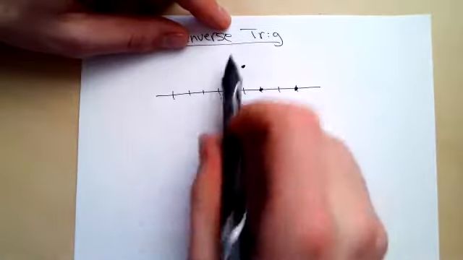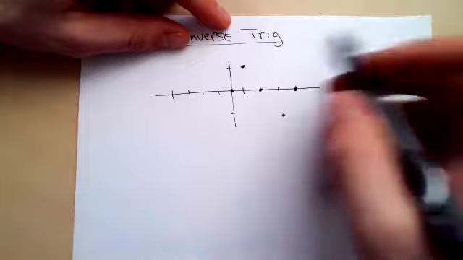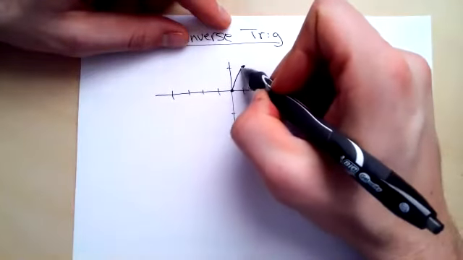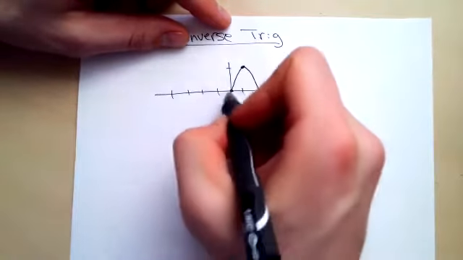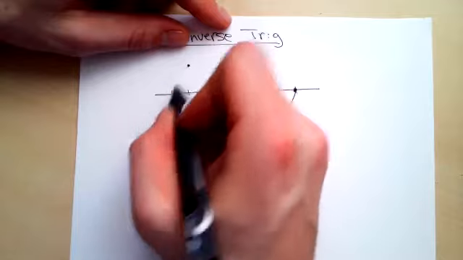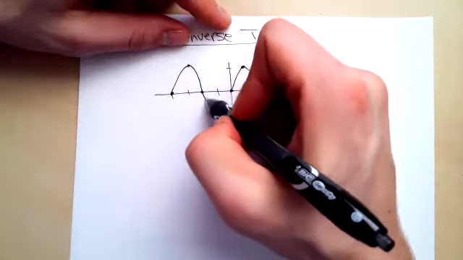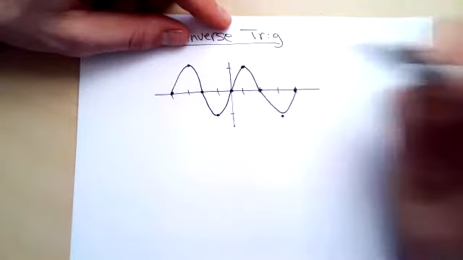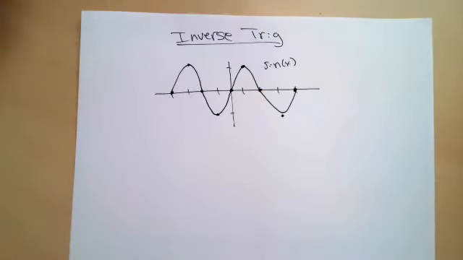In general, what I like to do is split the function, put 4 tick marks on one side, 4 tick marks on the other, and then sine looks like that. And so what do we want to do?